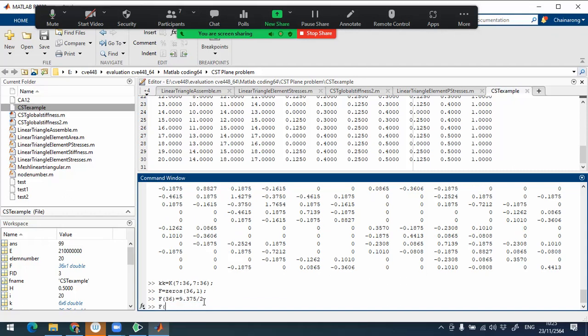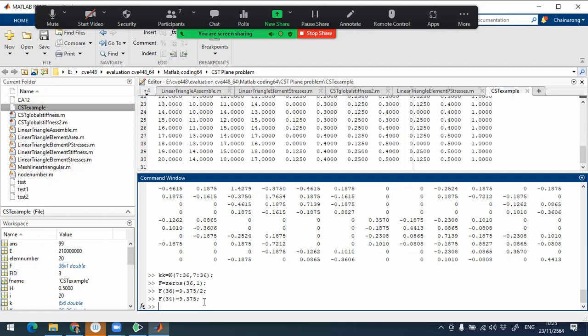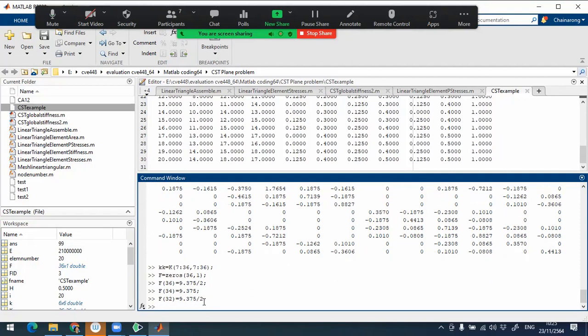And for node 34, it should be 9.375. And for node number 32, it should be half also, right? Okay, then we will observe the displacement right now.